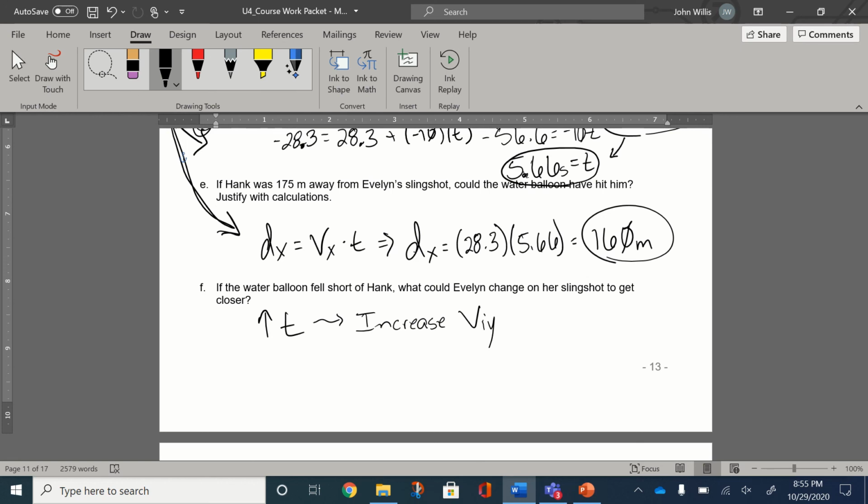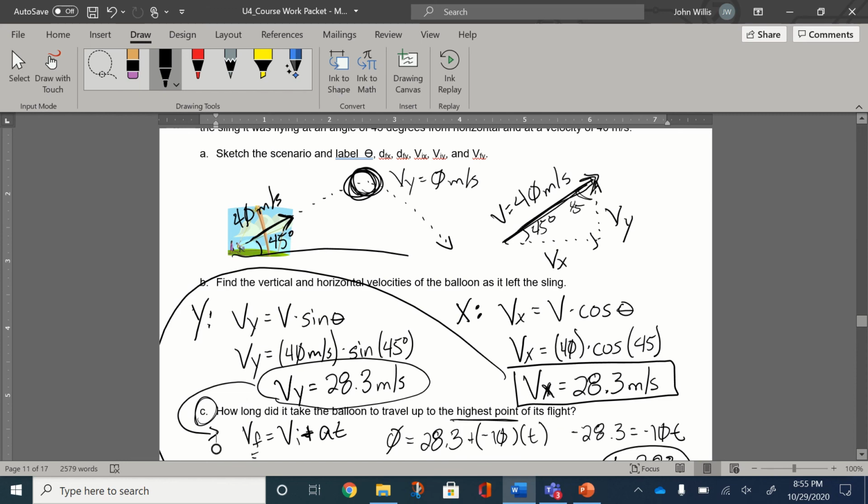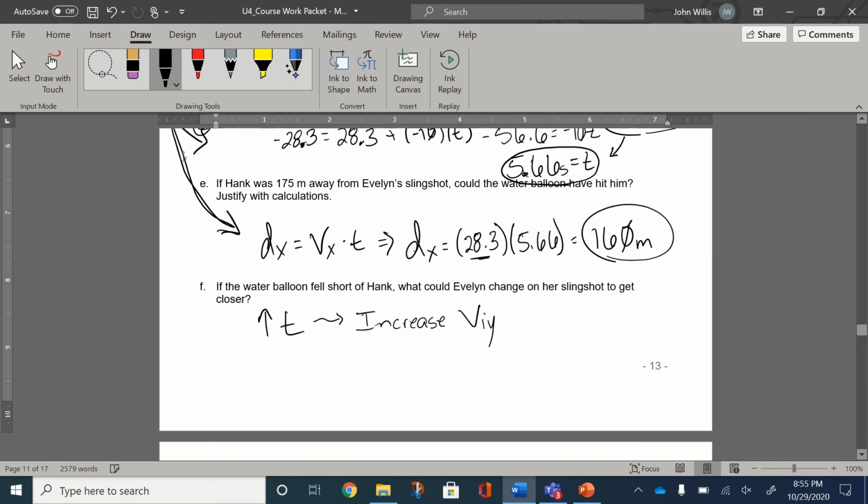So either send it with a larger velocity vector right here, because 45 is actually the one that's going to give you the best, or send it with a larger horizontal velocity vector so that it covers more distance in that short amount of time.